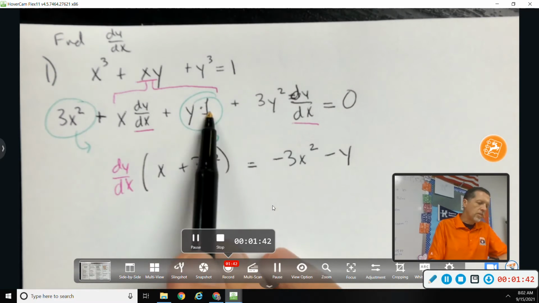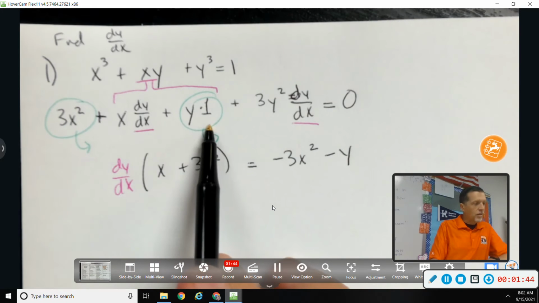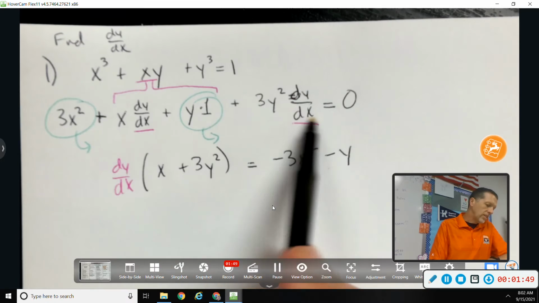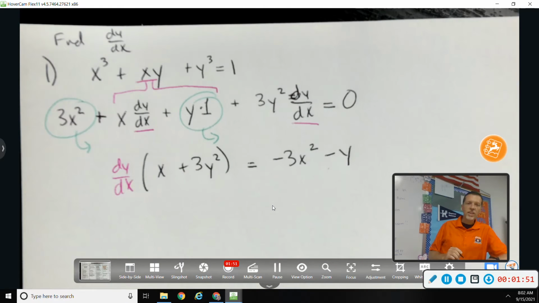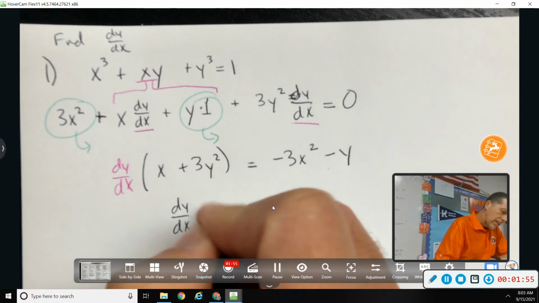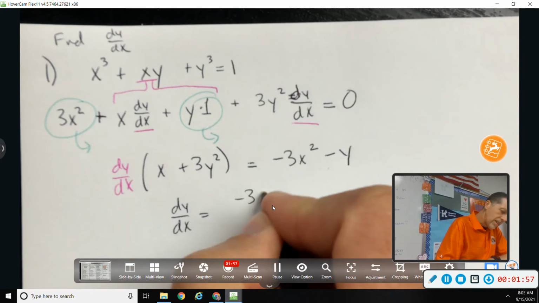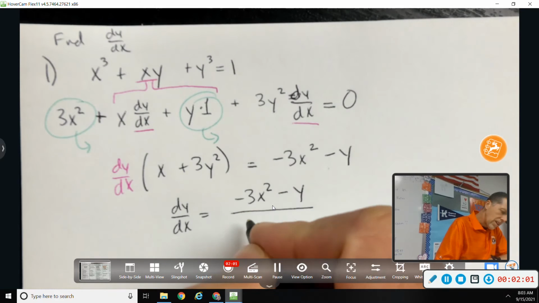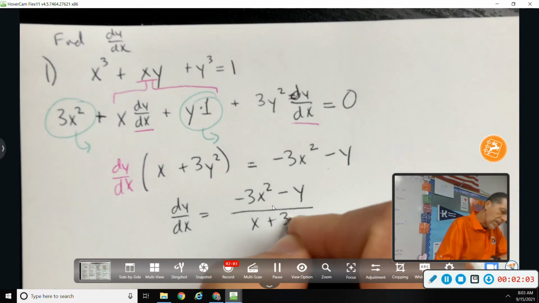Again, I moved over the stuff that doesn't have dy/dx. Move that stuff out of the way. Factor out dy/dx from what's left, and then divide by all of that. So negative 3x squared minus y, over x plus 3y squared.